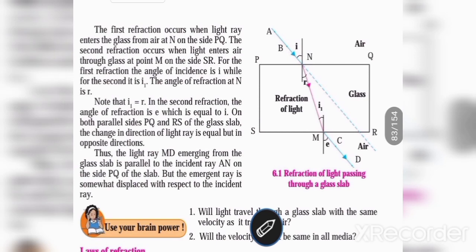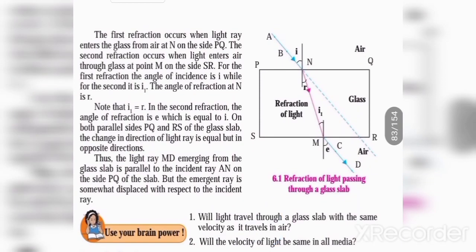First, in that procedure we read that we have to take a card sheet paper and put the glass slab on that paper, and draw this PQRS outline of the glass slab. After that we have to draw this normal, and after that we have to take an incident ray, that is AB.